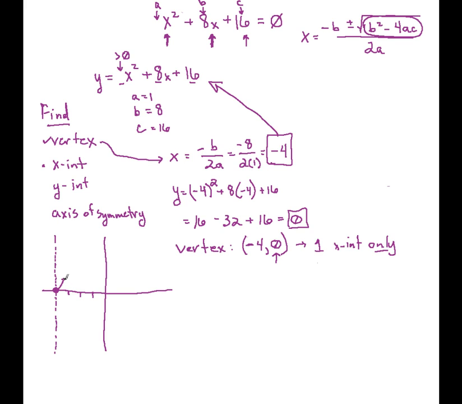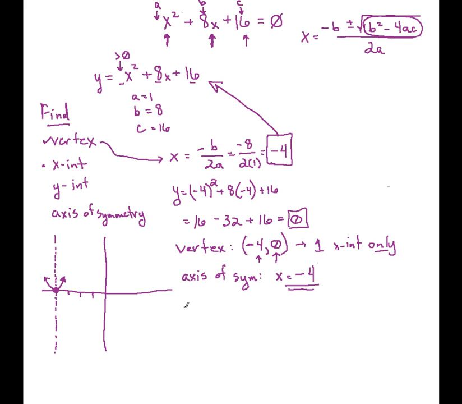So the parabola is going to go in that direction, upward, and it's going to be symmetrical around this line. That line, the axis of symmetry, is at x equals negative 4. Whatever the x-coordinate of the vertex is, that tells you the equation for the axis of symmetry.